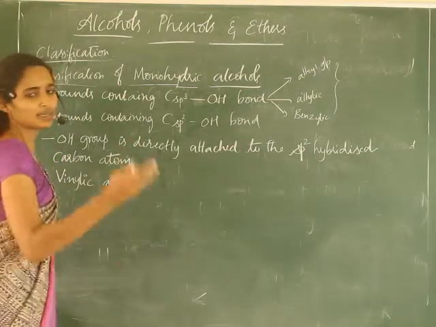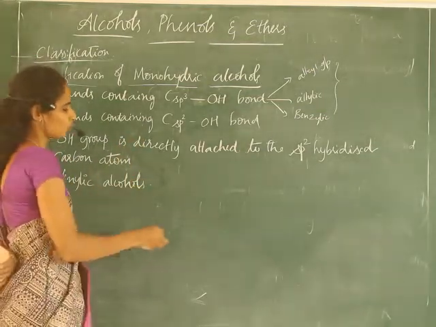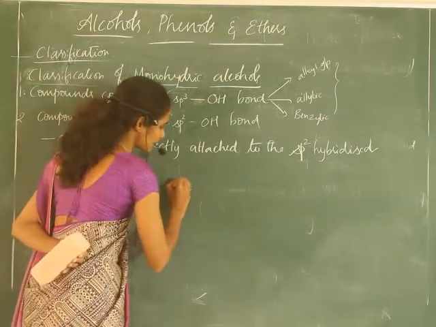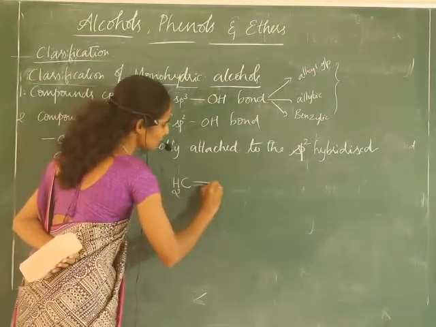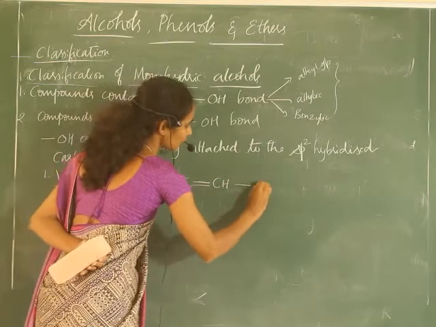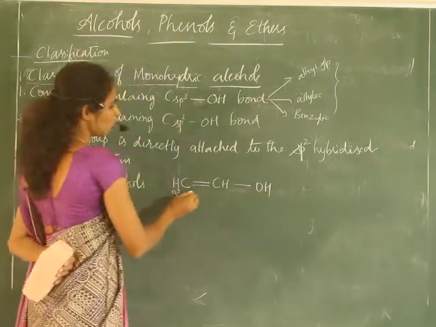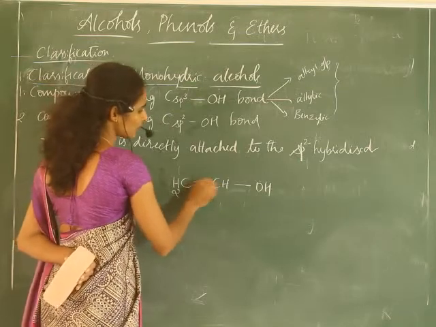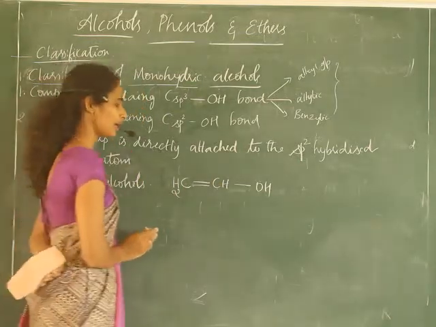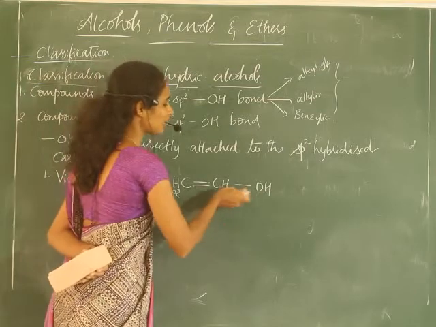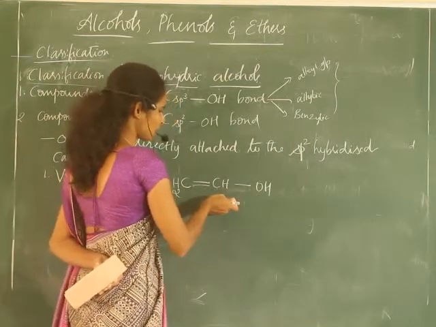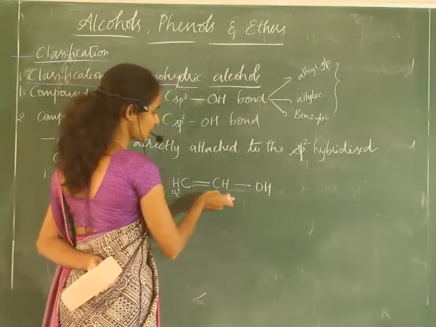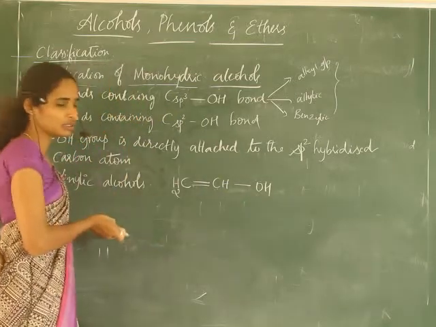The OH group is directly attached to the vinyl group. What is a vinyl group? That is directly attached to a carbon-carbon double bond, right? The OH group is directly attached to the carbon containing the carbon-carbon double bond. Allylic: the OH group is directly attached to an sp3 hybridized carbon atom, which is present next to the carbon-carbon double bond.